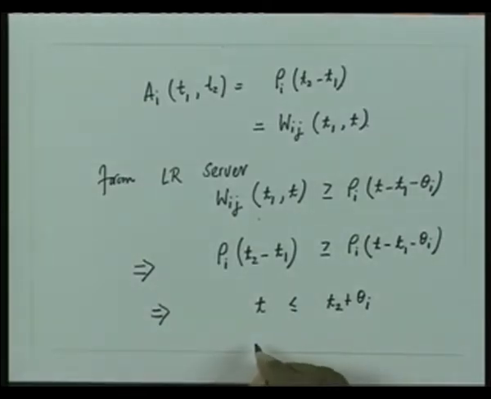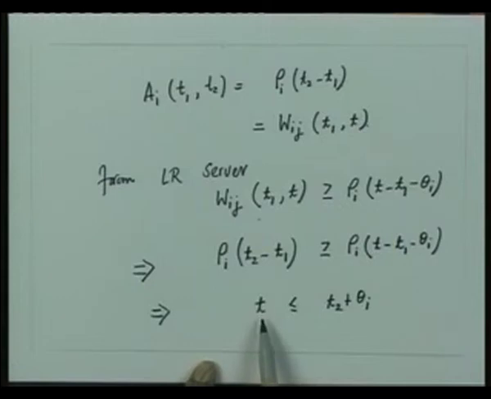T is the time at which the last packet completes its service. So what we are saying is that the time at which the last packet completes its service is less than or equal to T2 plus theta I. T2 is the time at which this particular busy period ends, and theta I is the latency of the server.